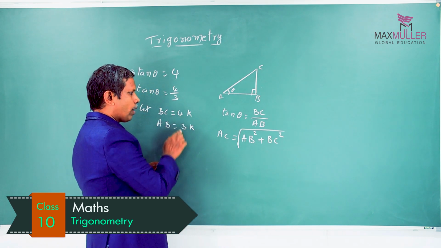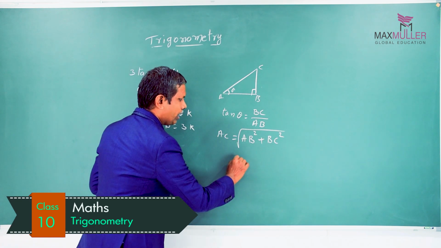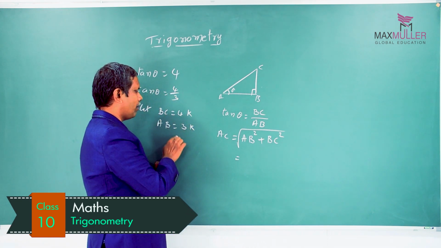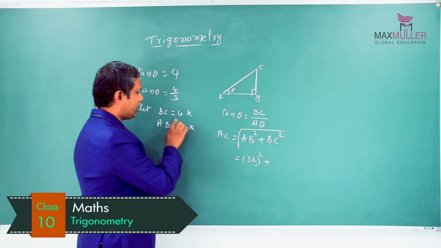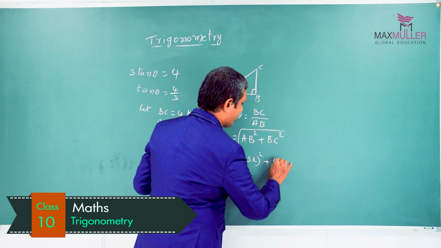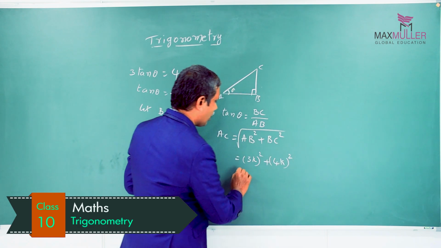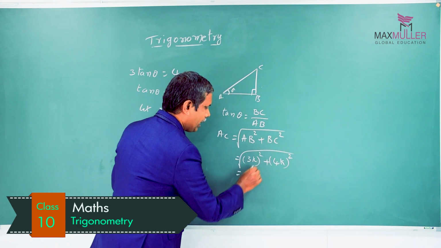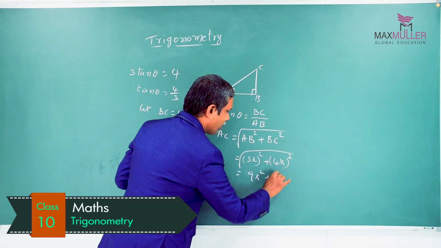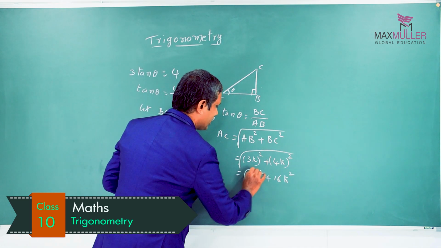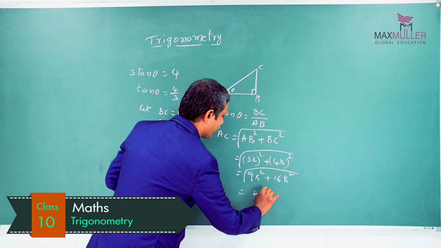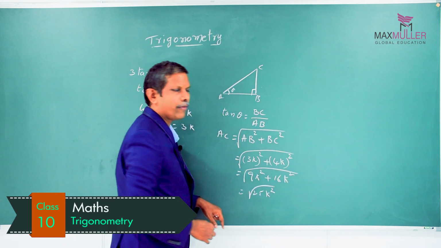Substituting, AB is 3k and BC is 4k, so AC is the square root of 9k square plus 16k square, which is the square root of 25k square.